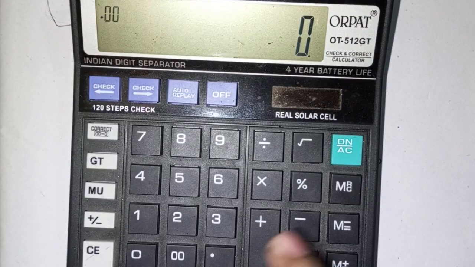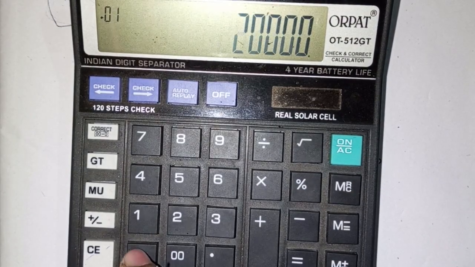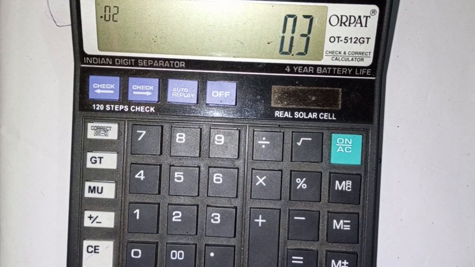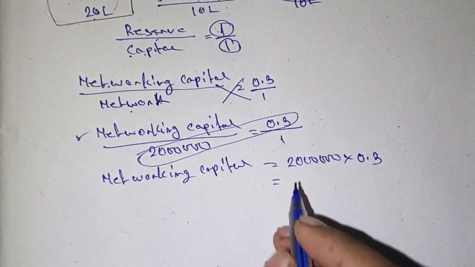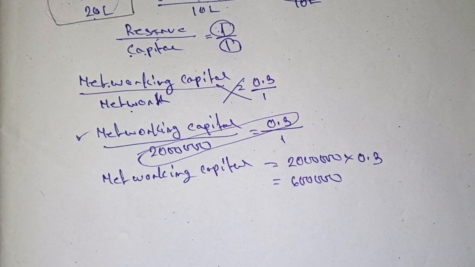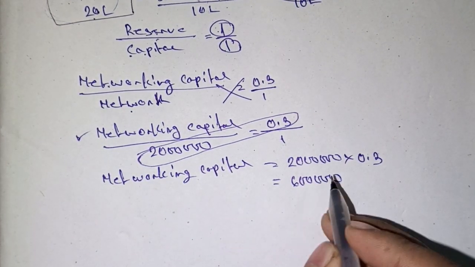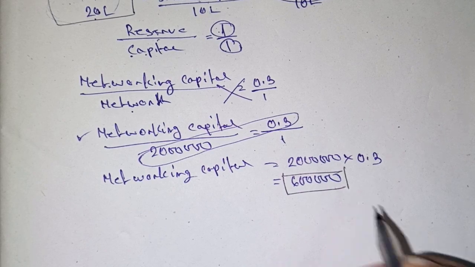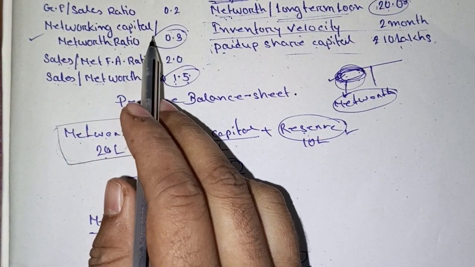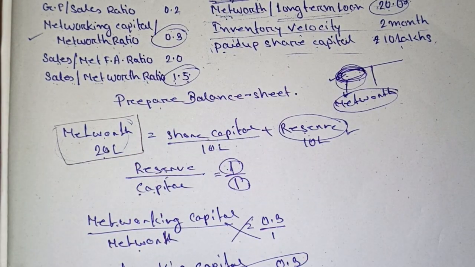Calculate it. 20 lakh multiplied by 0.3, 6 lakh. So we can say our net working capital is 6 lakh. We have already found net working capital.